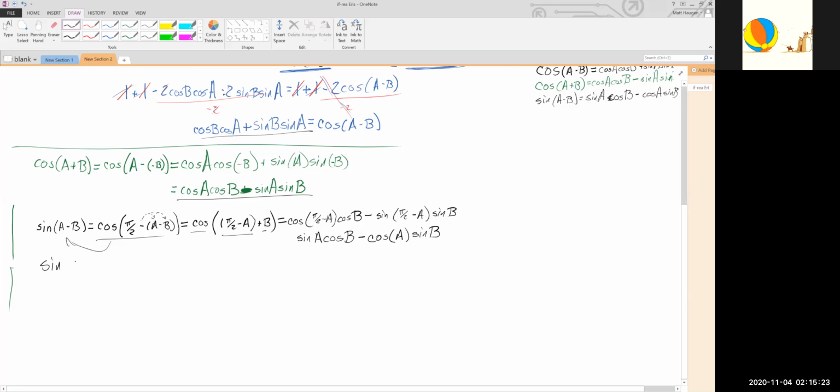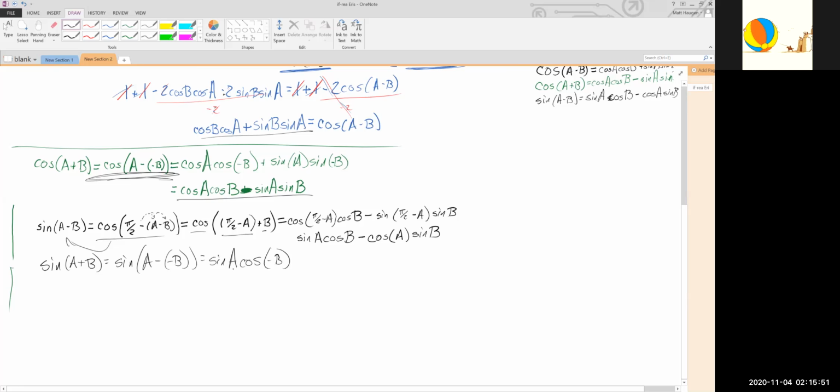Cool. Okay, what about the sine of a plus b? Well, you can probably guess we would just have to do this manipulation again. And if you guessed that, it's a good guess. That's equal to the sine of a minus negative b, which again is the sine of a times the cosine of the opposite of b.